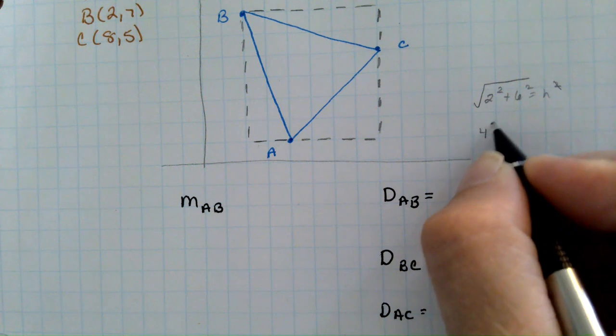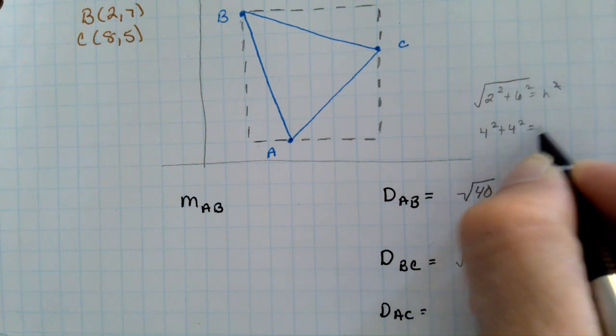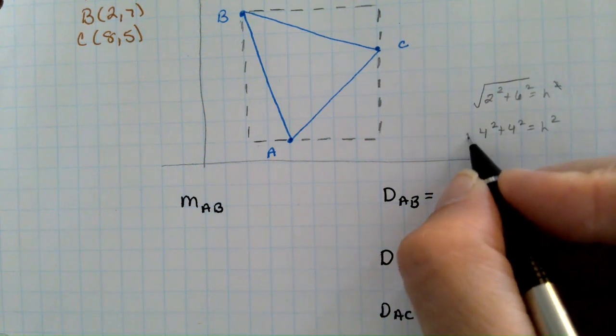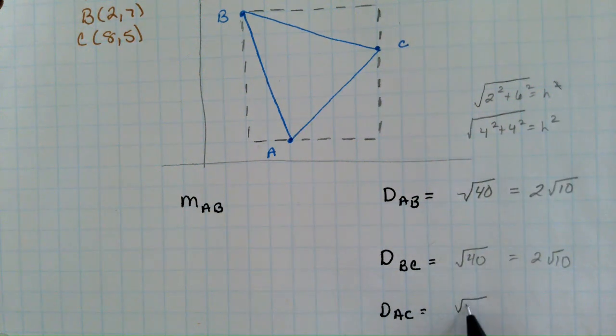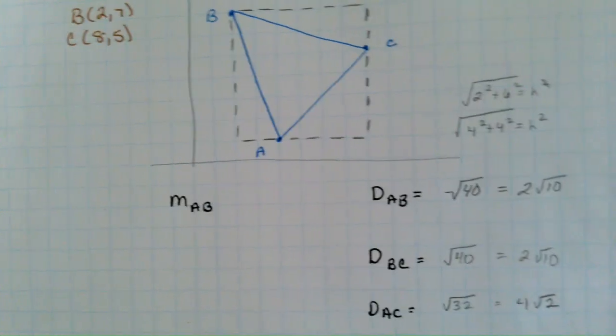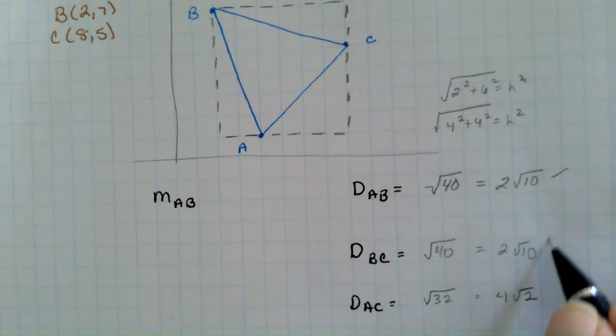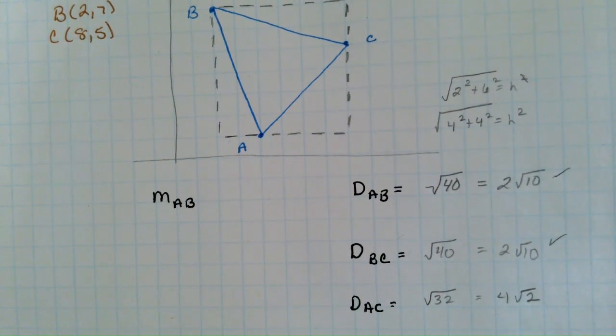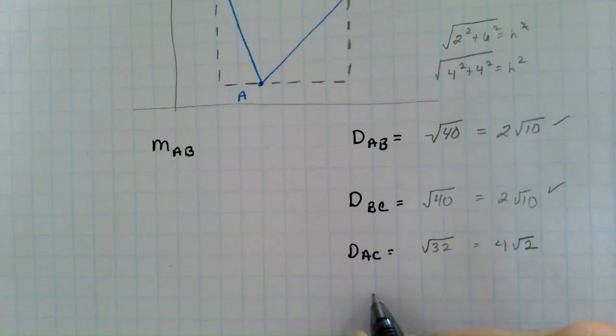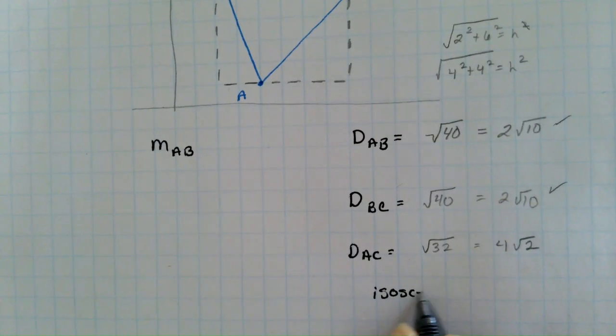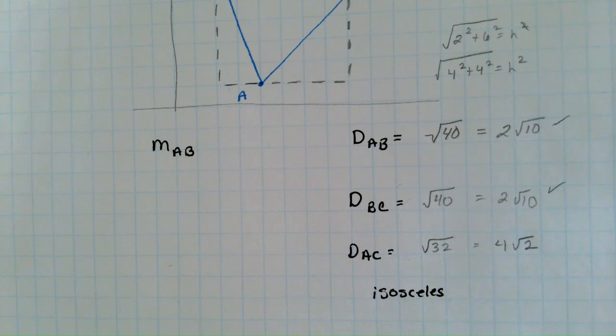So that would be 4 squared plus 4 squared giving us our hypotenuse squared, so that would be 32. And the square root of 32 is 4 root 2. So by the sides, we can see right here that 2 sides are equal. And anytime you have 2 sides that are equal, you have isosceles.